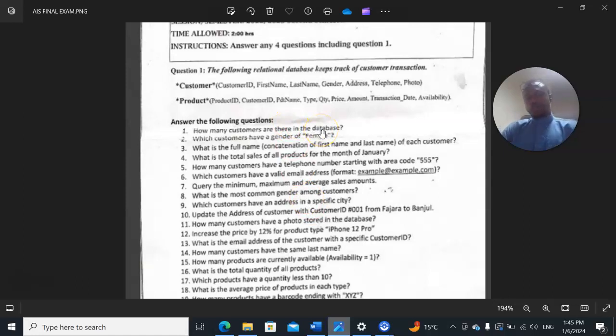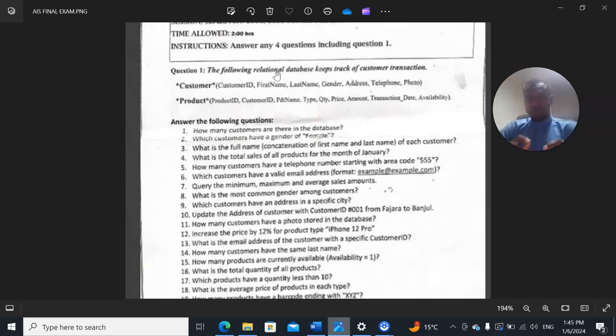The question says the following relational database keeps track of customer transactions. So basically, just on this question, we will know that the data we are dealing with is a relational database. When you talk about a relational database, we are talking about one or more tables that are joined together with the use of the primary key and the foreign key to create our relationship.